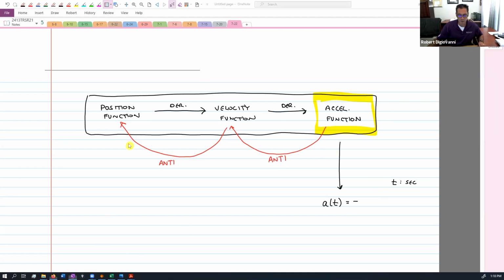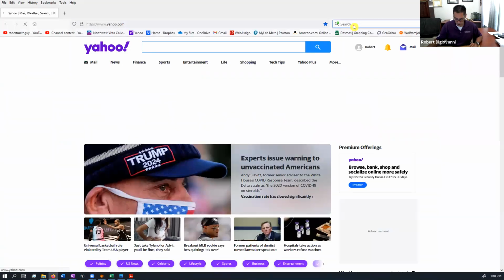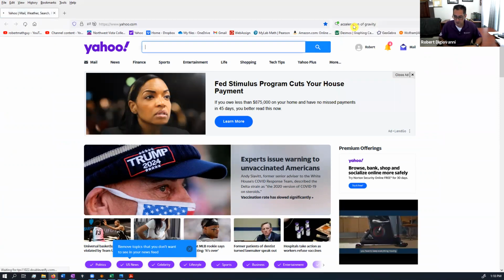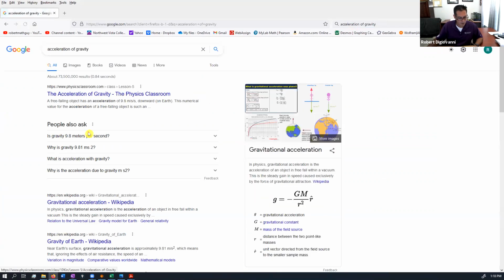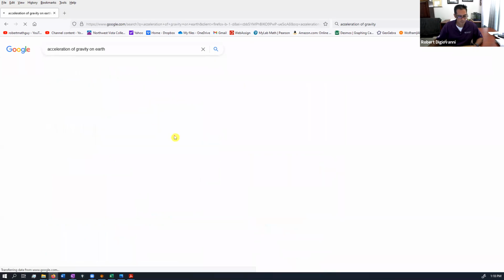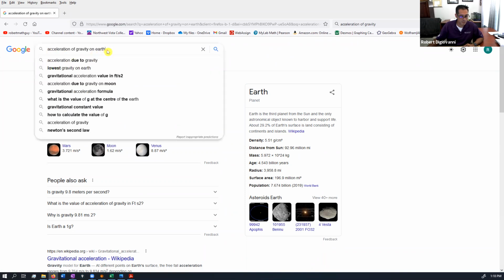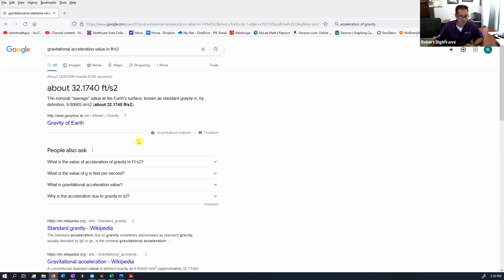So watch, I'm going to do this for you because I want to look up the acceleration of gravity on Earth. It's 9.807 meters per second squared. So I'm going to take this number and convert it to feet per second.